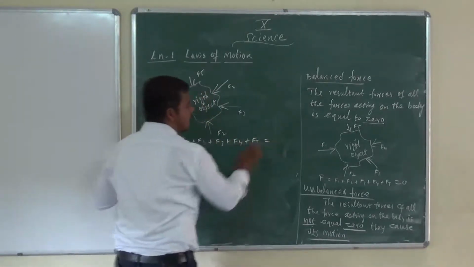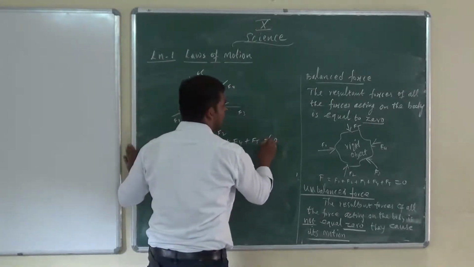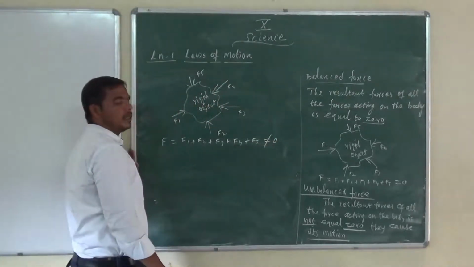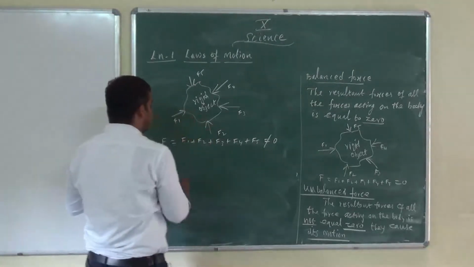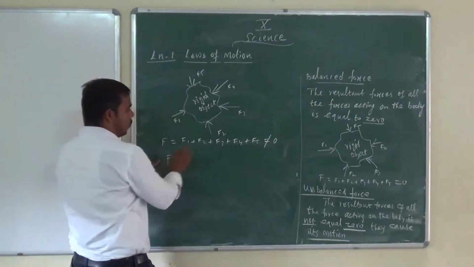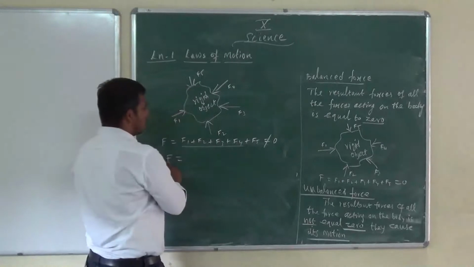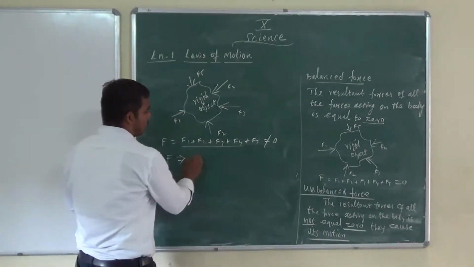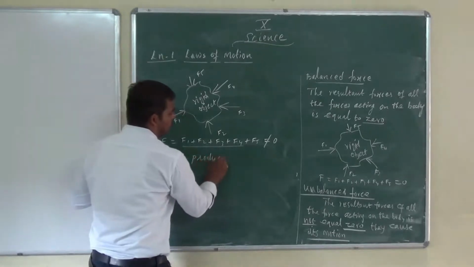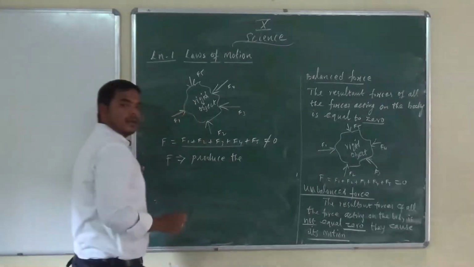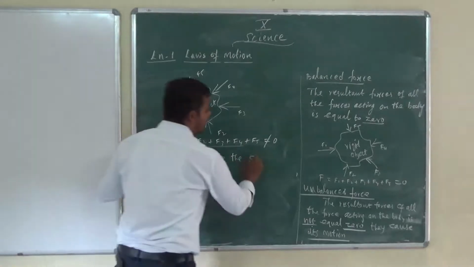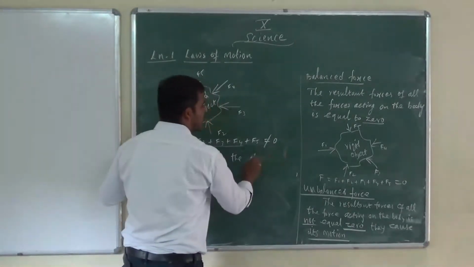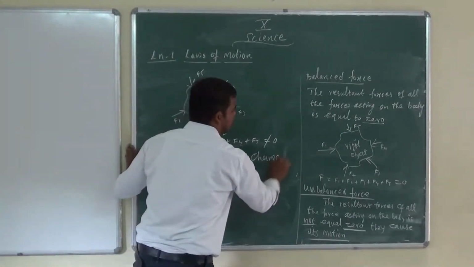What is that? Not equal to 0. See that? Not equal to 0. When we are applying the force, the resultant force of all the forces produces the change of their state.